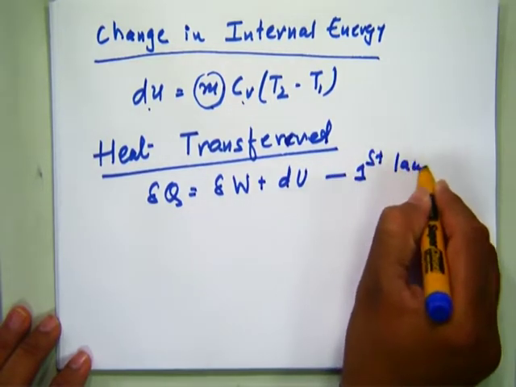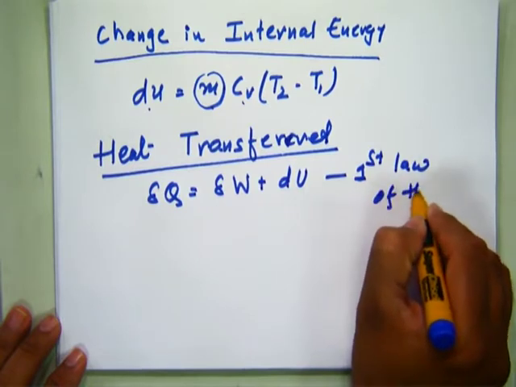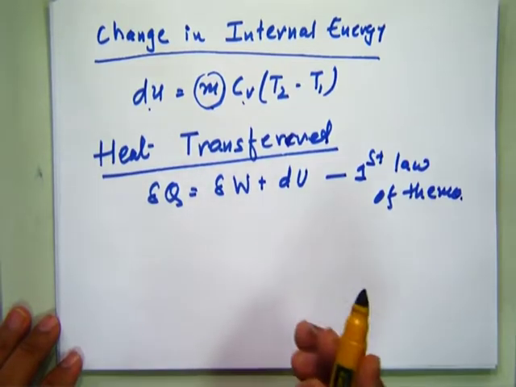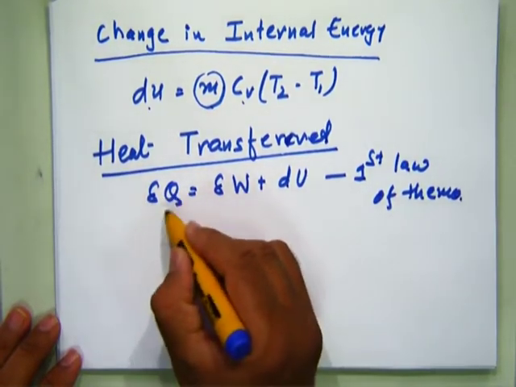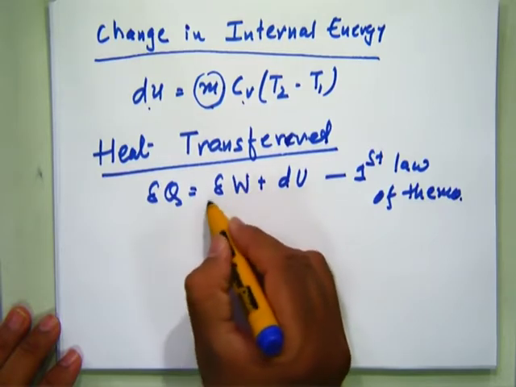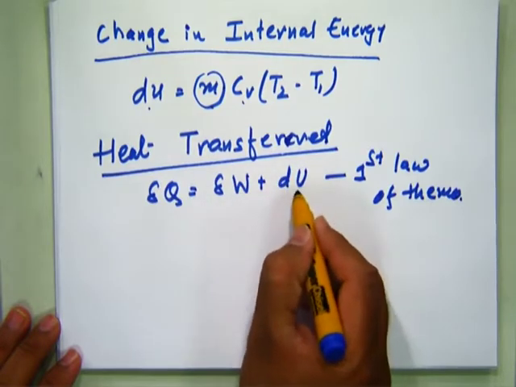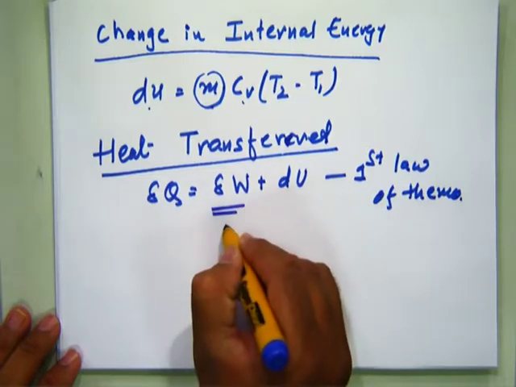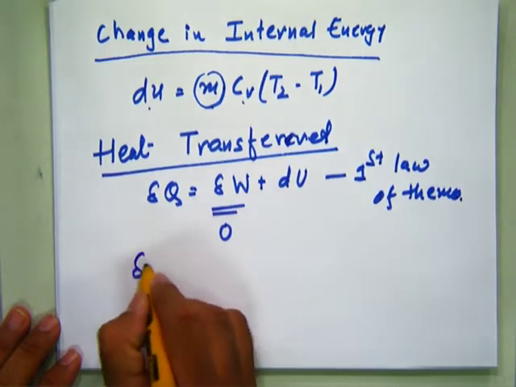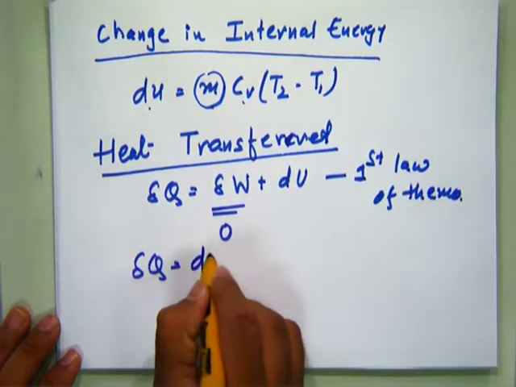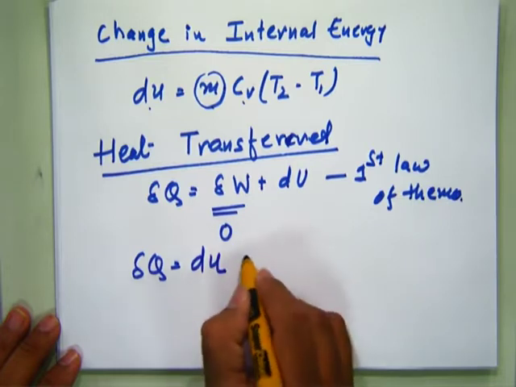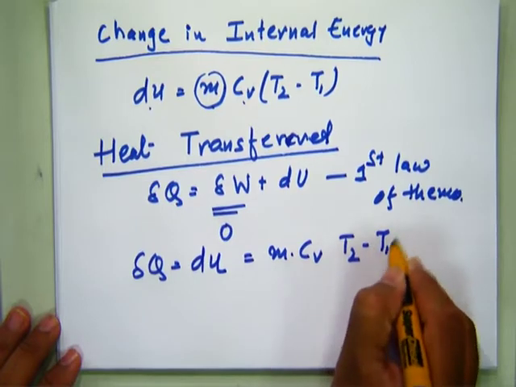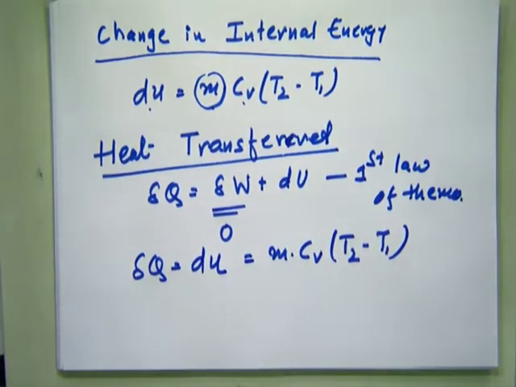Whatever heat change takes place, some goes to the work done and some to the change in internal energy. But here the work done is 0, so delta Q is equal to dU. So the heat transfer is equal to m into Cv (T2 minus T1).